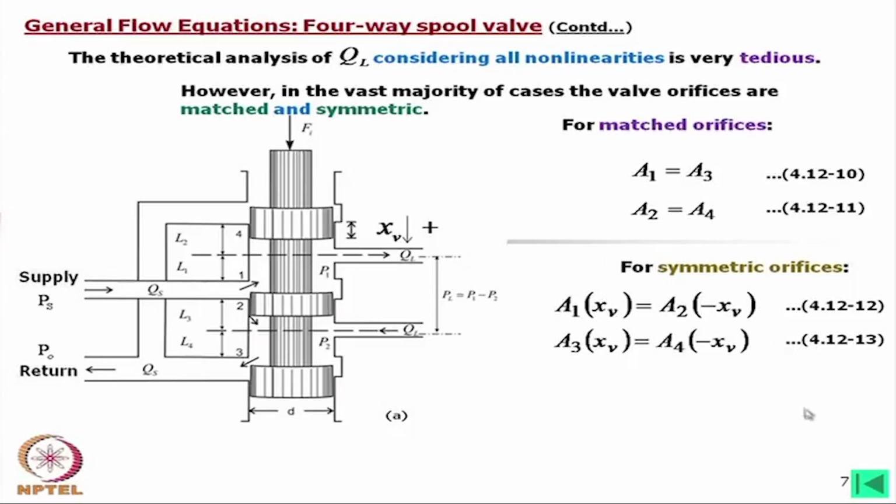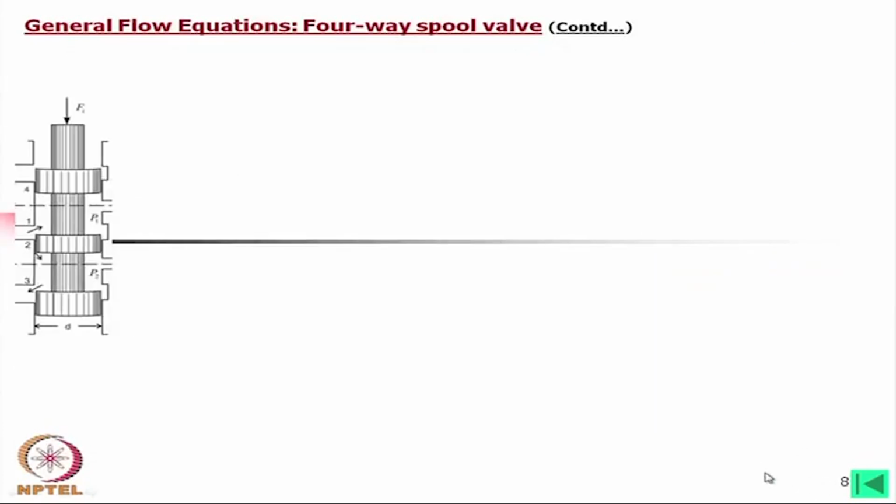Okay. So, if these two are satisfied, then we can minimize those 11 equations. If you look at the unknowns and the equations, these are sufficient, but handling 11 equations at a time will be difficult.